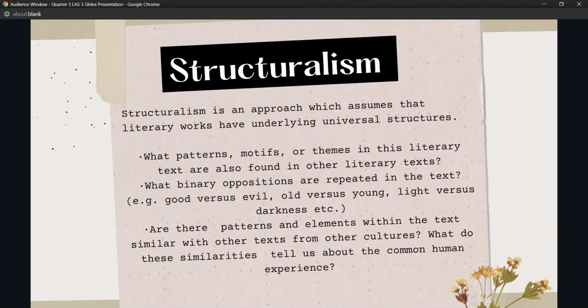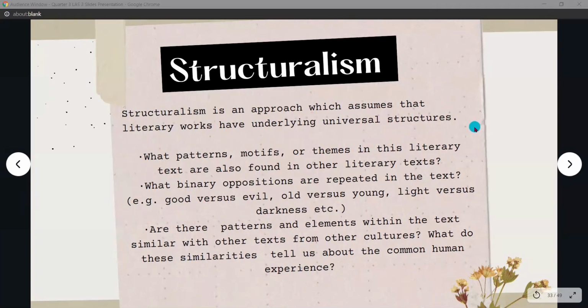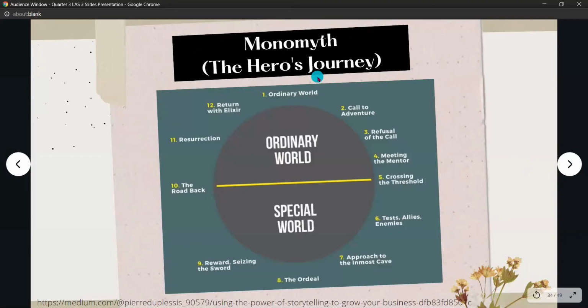Let's pick the third guide question. Are there patterns and elements within the text similar with other texts from other cultures? What do these similarities tell us about the common human experience? The Hunger Games is operating within a structure called the monomyth, aka the hero's journey.